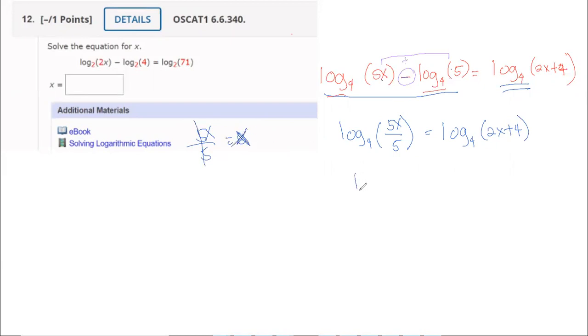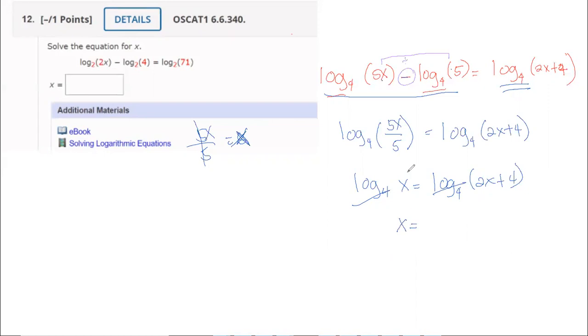So all of this is just log 4 of x equals log 4 of 2x plus 4. Once you get to this point, you think again: is this situation 1, 2, or 3? This is one log on both sides, so this is situation B. You can pretty much cancel the logs.